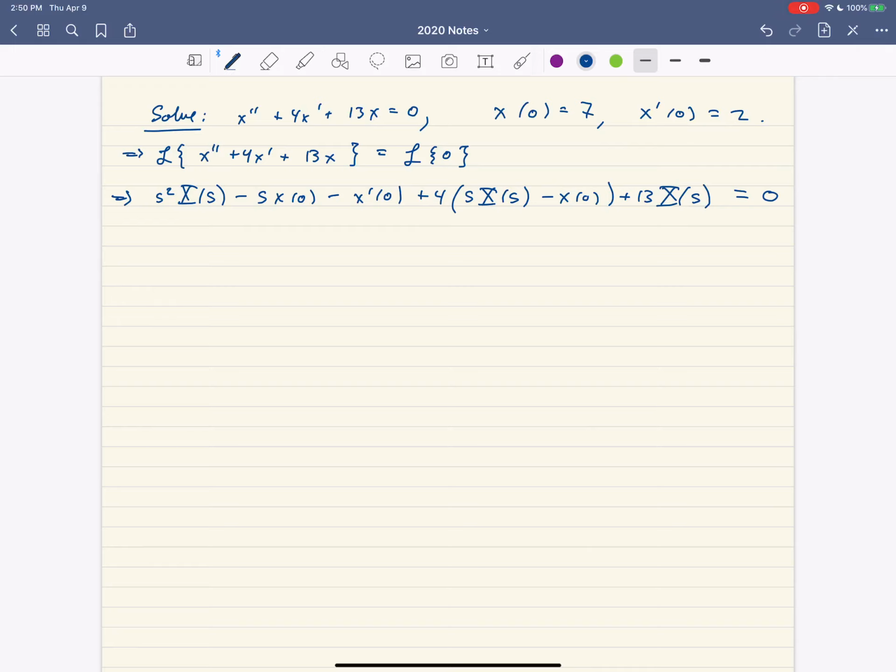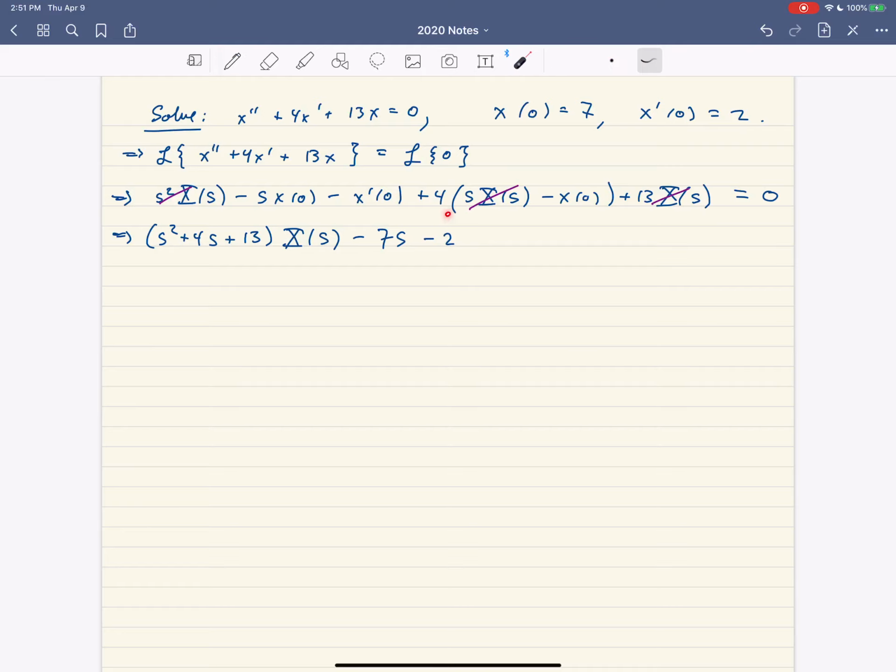Okay, now let's plug in the values that we have, and let's simplify all of our terms. We're going to have s squared plus 4s plus 13 times capital X of s. And that takes care of that term, and that term. We're going to have a minus s times x of 0, so that's minus 7s. Minus x prime of 0 is minus 2.